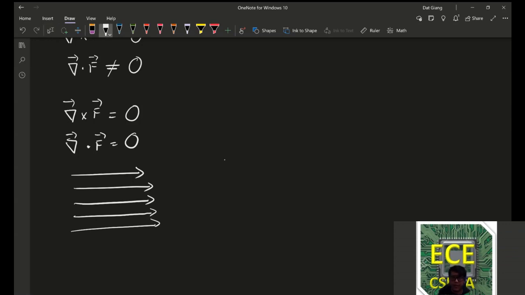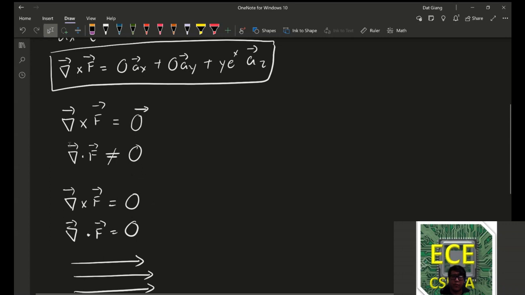Pretty much this vector field is kind of uniform, so to speak. But that's just to give a little preview about the meaning of when a curl is equal to 0. It could mean that its divergence is not 0, but in the event that both are 0, then we have that the vector field is parallel.